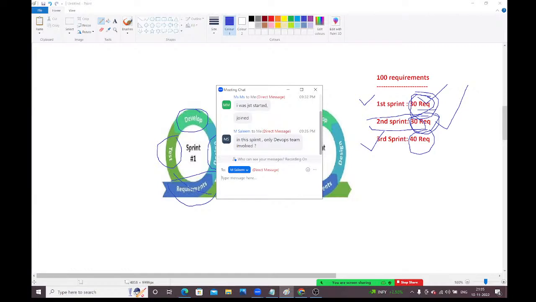No, guys. In the sprint planning session, the DevOps team is not involved at all. Why? Because the DevOps team works on multiple projects, not a single project. For DevOps people, separate sprint meetings will happen. A dedicated DevOps team is not available for any project.